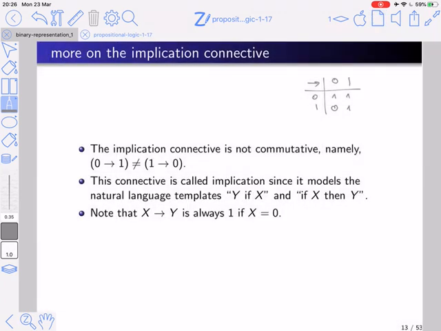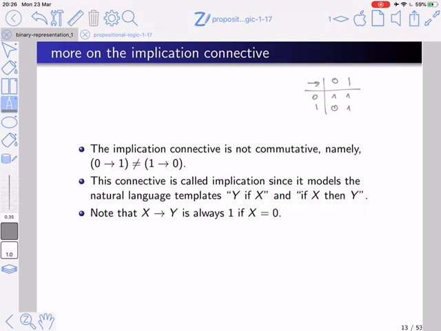Now, the implication connective is not commutative, as you can see immediately that 1 implies 0 is 0, while 0 implies 1 is 1. This connective is called implication since it models the natural language template y if x, or if x then y.